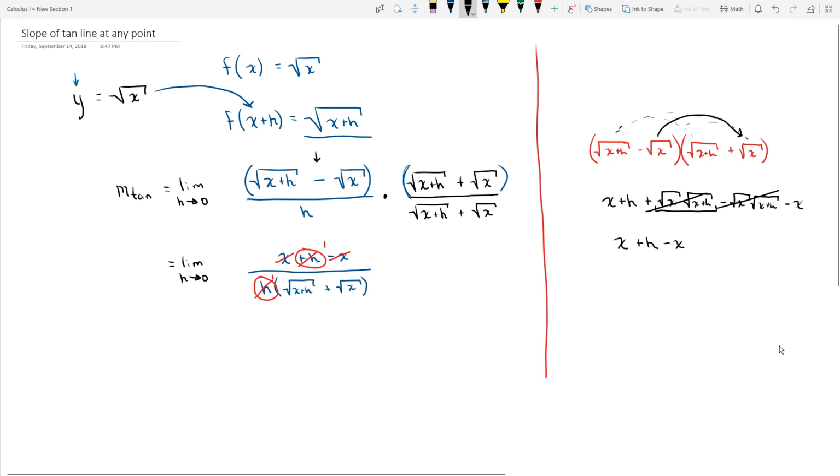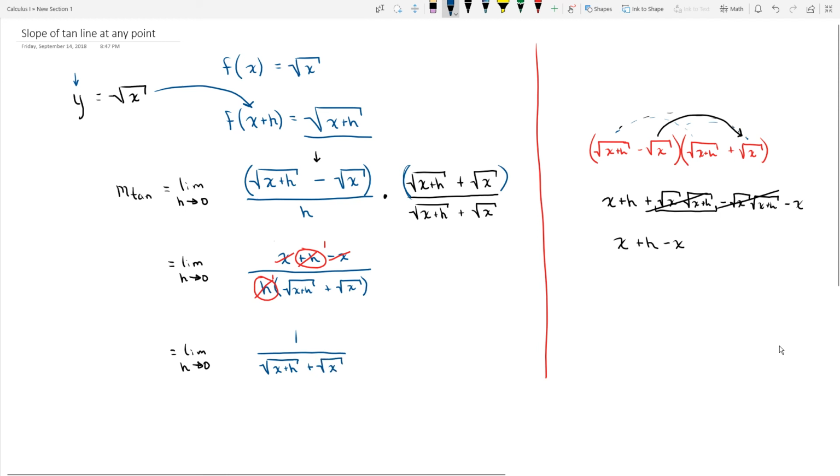So we now have, as the limit as h is approaching 0, 1 in the numerator over the square root of x plus h plus the square root of x.